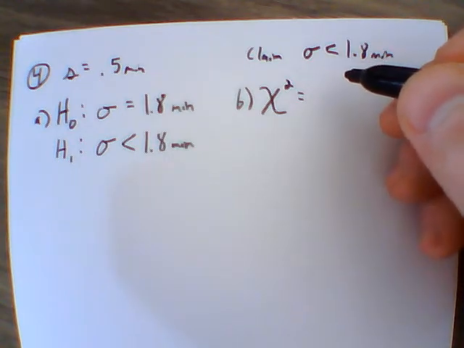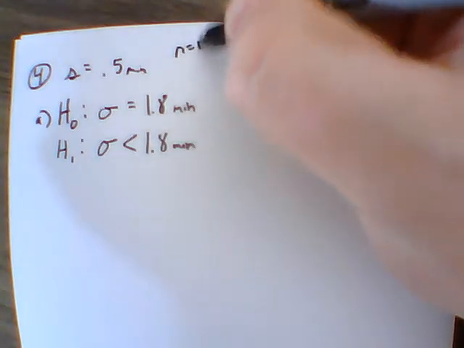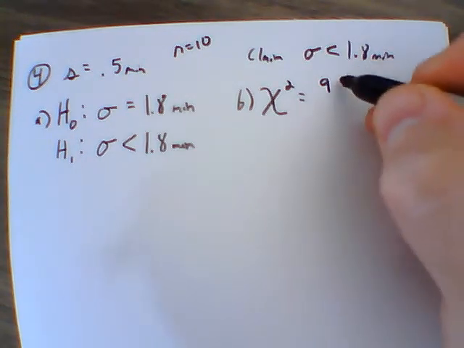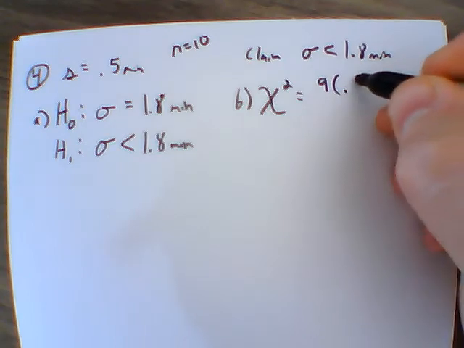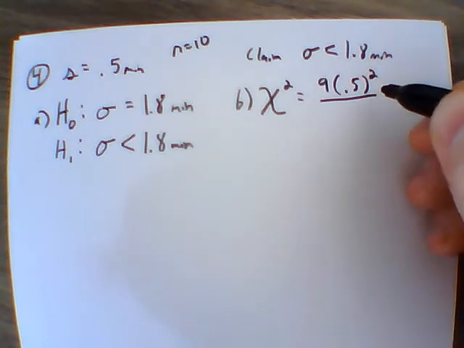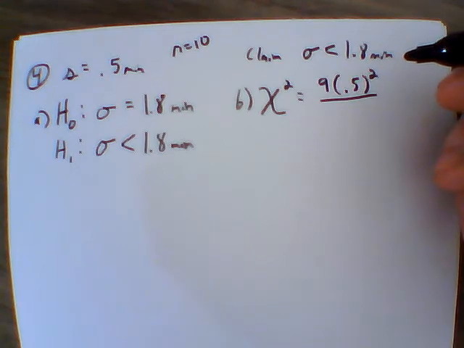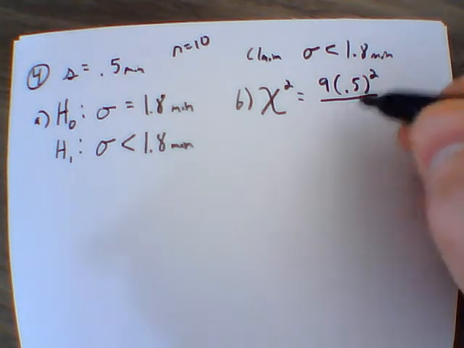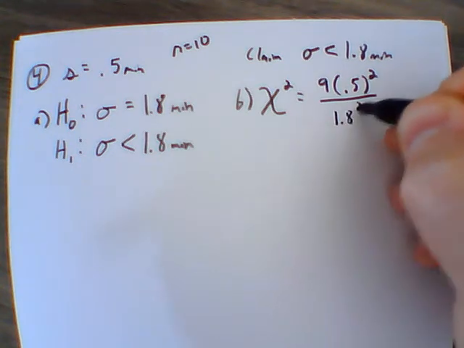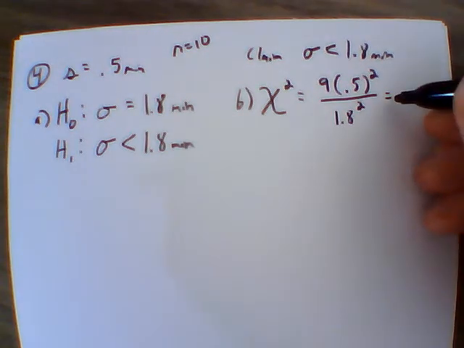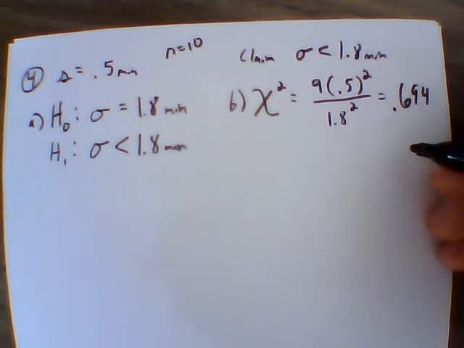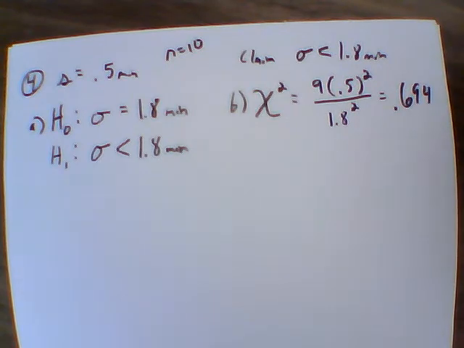They had n equal to 10, so our degrees of freedom is 9, times our sample standard deviation squared divided by our population standard deviation squared, or basically our variance divided by our population variance, which is 1.8 squared. If we calculate this out, we get 0.694. Once again, it tells us to round to 3 decimal places.